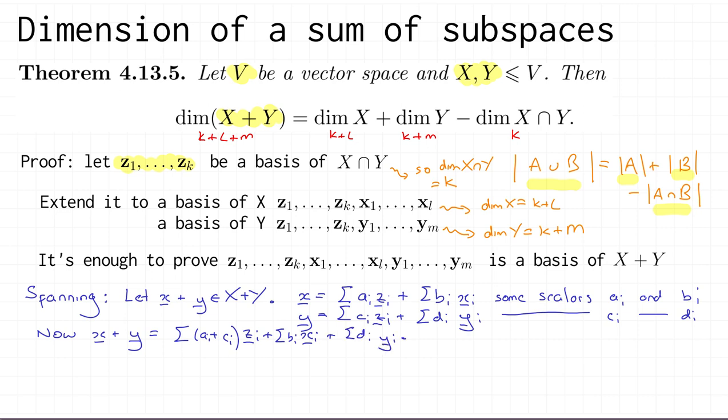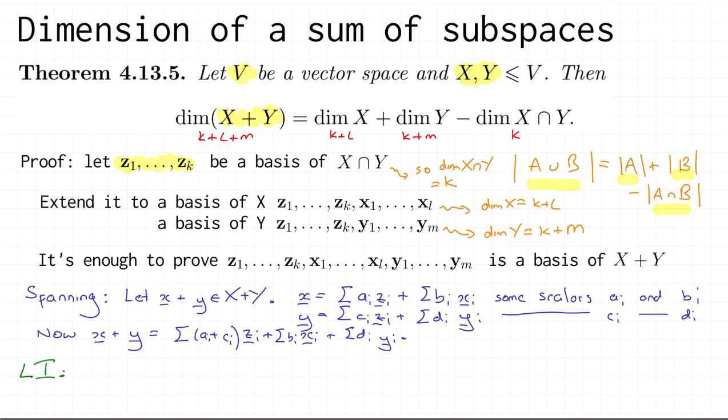So we've shown that any element of capital X plus capital Y is a linear combination of z's and x's and y's. In other words, the z's and the x's and the y's are a spanning sequence for X plus Y. So the thing we have to do next is linear independence.